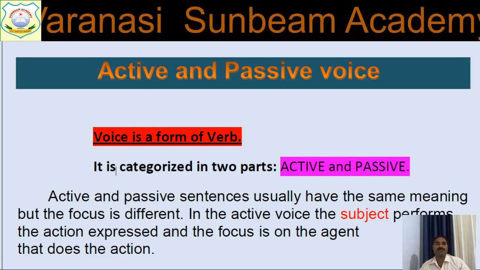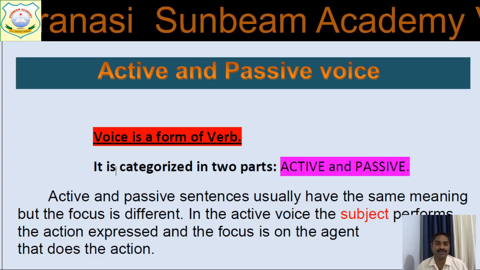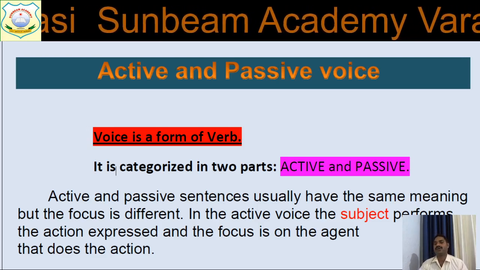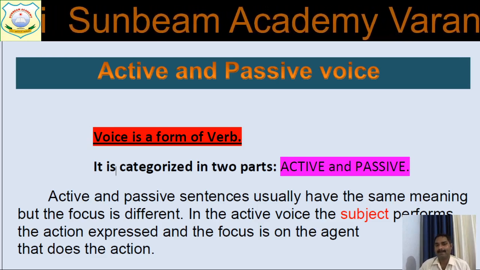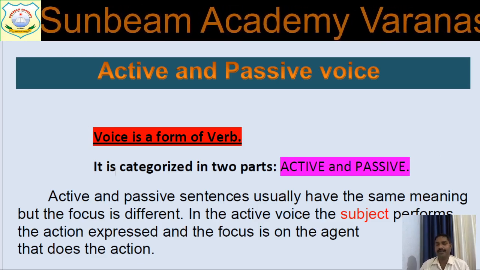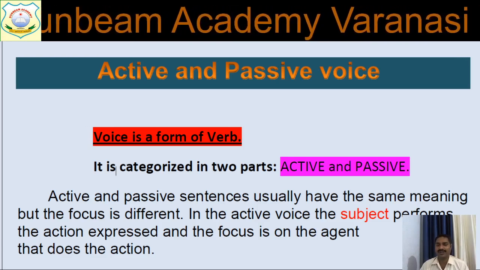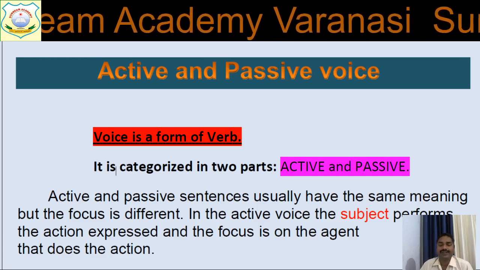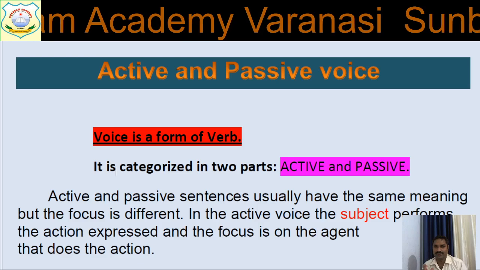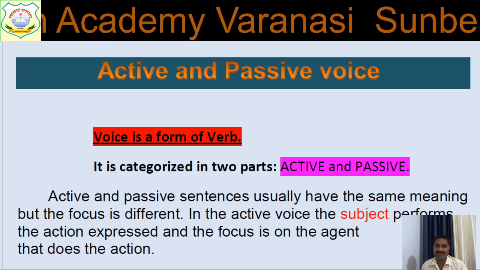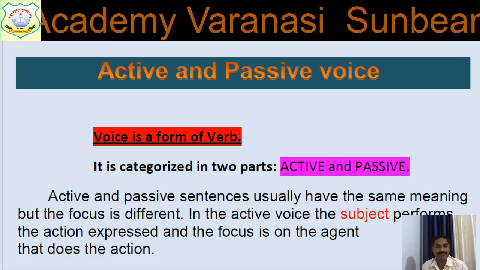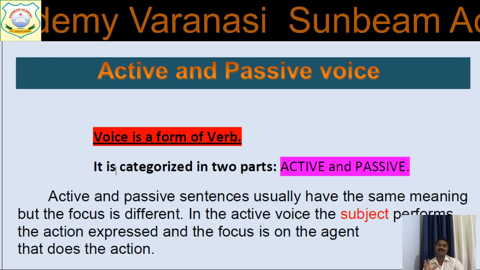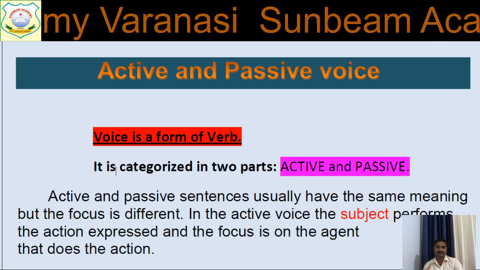So if you want to highlight that, you will make use of active voice. For example, Ramesh is playing cricket. So simply you want to show what activity is being done by Ramesh. In a way, you are making use of Ramesh in the place of subject. So that's clear that active voice is used to highlight the doer.